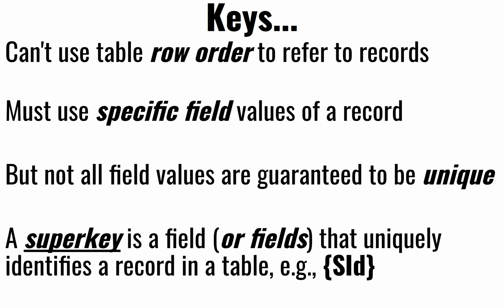Keys, again, lots of concepts, a lot of jargon that we're going to be using throughout the semester. We need to be able to uniquely identify one record from another record, right? And depending on the scope of our data set, certain things might be redundant or not, right? Perhaps in this room, I might be the only one called Jose. Anybody else called Jose?